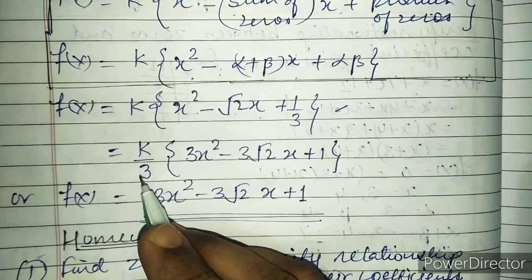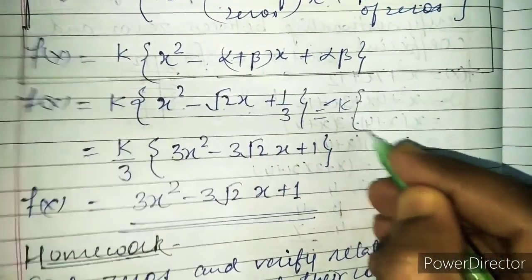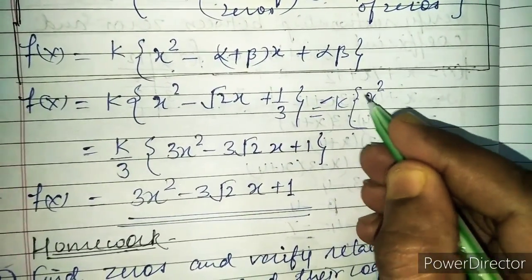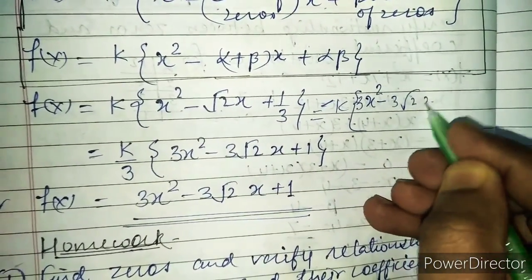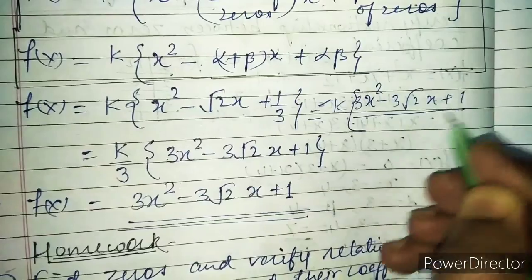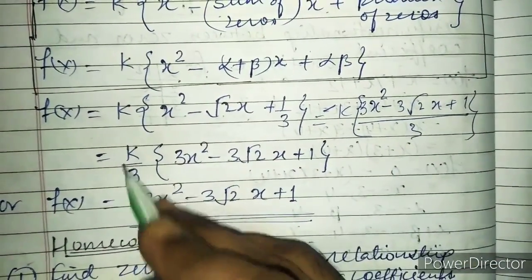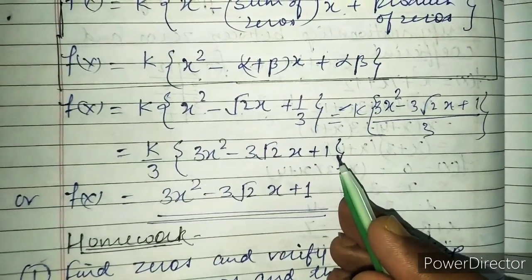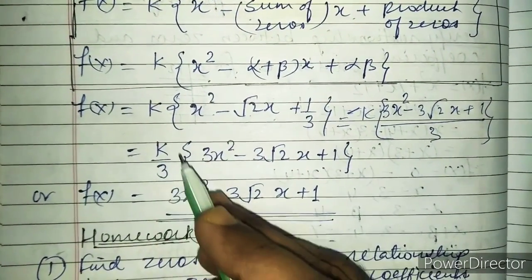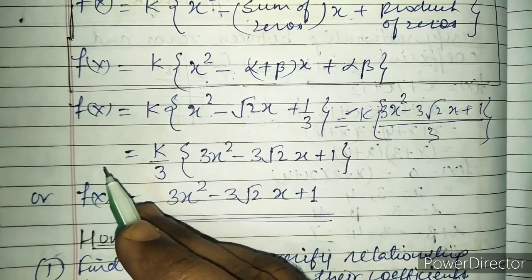So we can write it as k upon 3 times (3x² − 3√2 x + 1). So k upon 3 is again a constant. This will be terminated, removed from the polynomial.